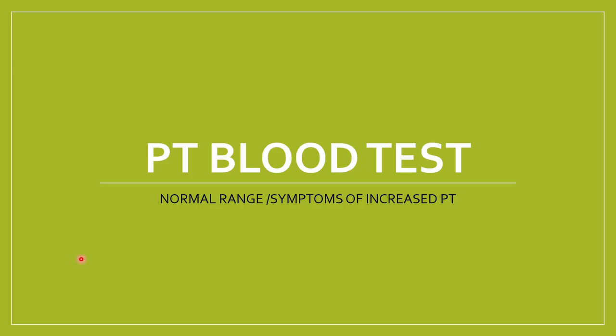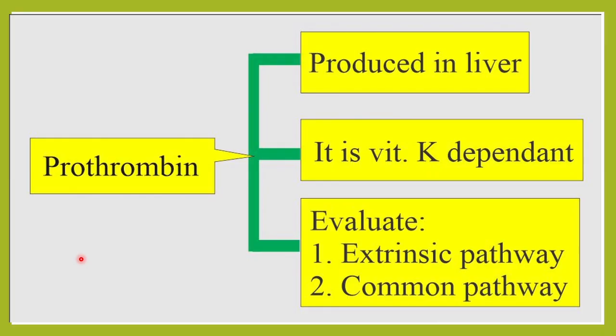In our previous classes, we have seen what prothrombin is and how it helps in coagulation. You know that prothrombin is a protein produced in the liver and it is a vitamin K dependent factor. There are various other factors also, 7, 9, 10.